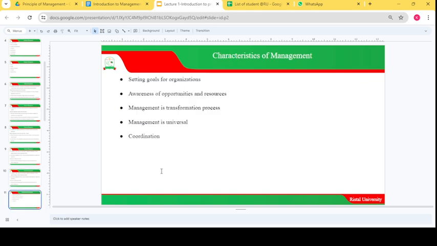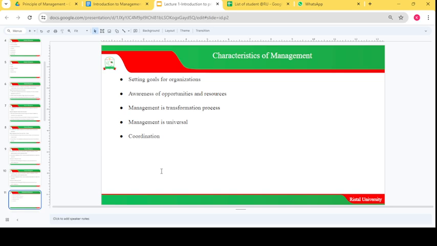So let's look at some of the characteristics of management. We have setting goals for the organization. Goals differ from organization to organization. In business, the basic economic goal is to earn maximum profit, while in service organizations like hospitals and educational institutions, the basic goal is to provide better services and better education.